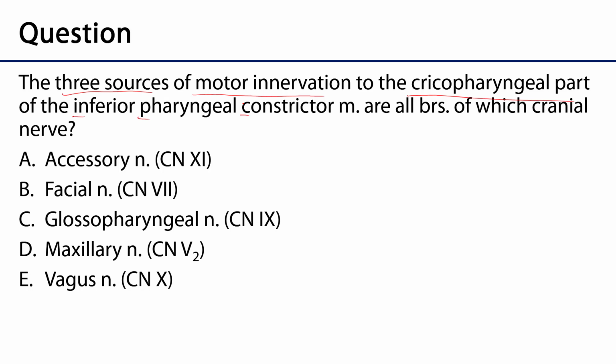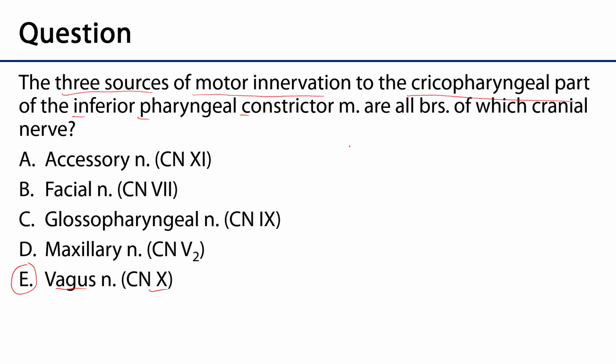Is it A, 11, B, 7, C, 9, D, V2, or E, 10? Well, considering we're talking about motor innervation to a pharyngeal muscle, I hope that E, the vagus nerve, 10, popped into your head. So what are these 3 sources of motor innervation to the cricopharyngeal part of IPC?